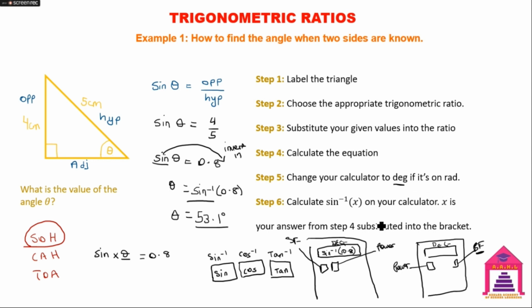You want it to be in degrees. Now x would be, again, this answer here. So calculate sine inverse of x, and x is your answer from step 4, substituted into the brackets here.